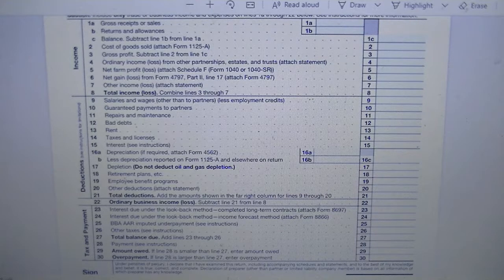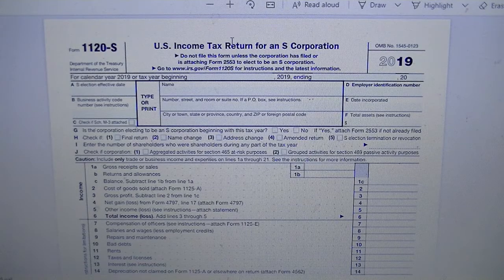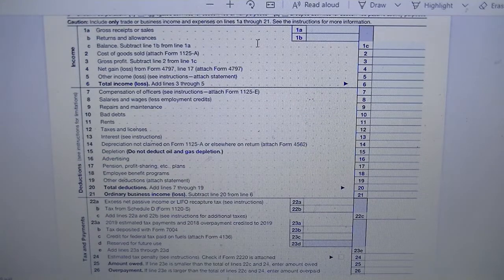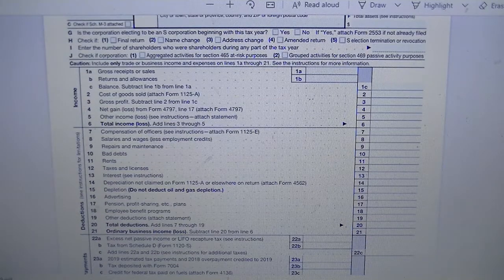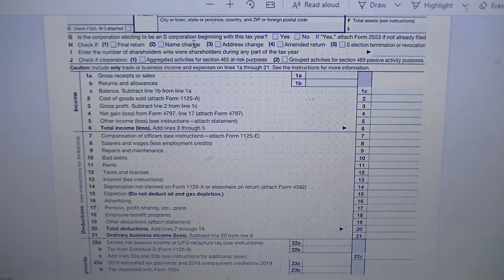So for 1120S, for S corporation businesses, you will claim your bad debt on line 10, and that's here, line 10, bad debts. And again, if you are in the business of manufacturing goods to sell, and the client didn't pay for the goods purchased, you just don't include the income in the total income here, and in the cost of goods sold, you'll fill out Form 1125-A and you account for that cost of goods sold, but you don't account for the income.